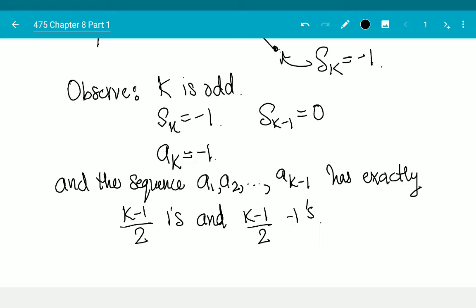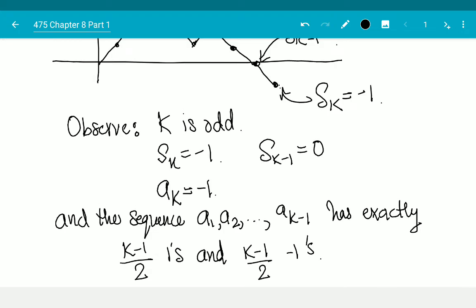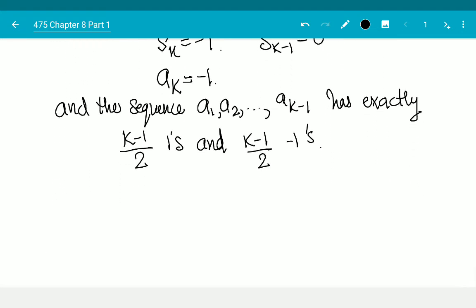Okay, that is going to be true because my partial sum is exactly 0. The number of ones has to be equal to the number of negative ones. They have to match up, right?